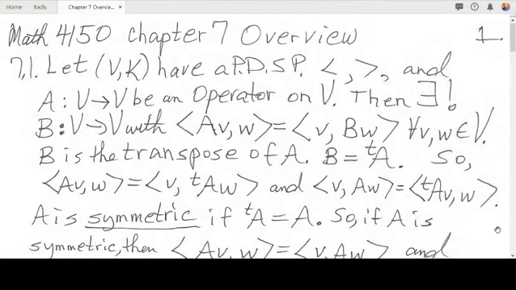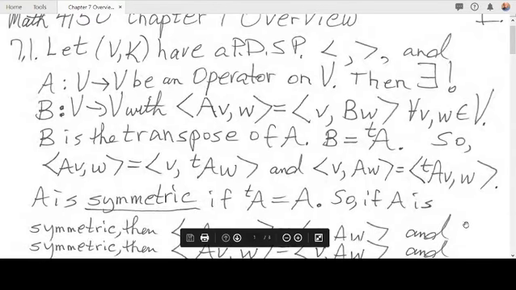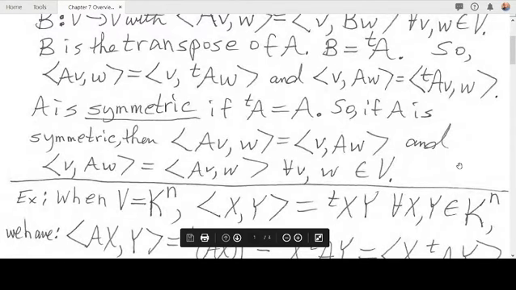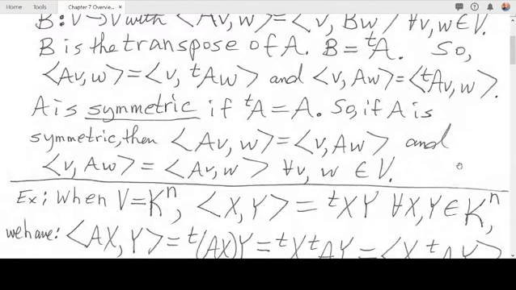Now, A is symmetric when the transpose of A is equal to A. That is, when this unique operator we're calling B is equal to A, then A is symmetric. So, if A is symmetric, we find that the scalar product of AV with W is always equal to the scalar product of V with AW, and vice versa.